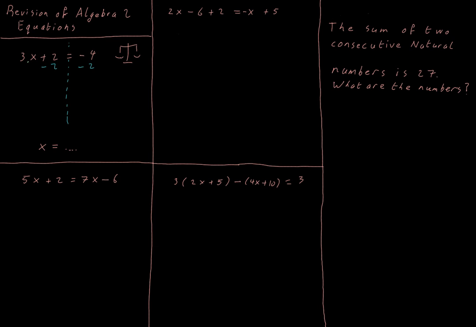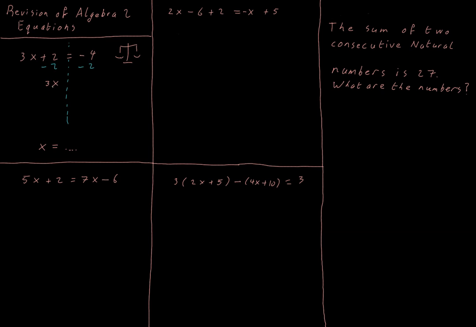So what happens now? I have 3x plus 2 minus 2. Well, plus 2 minus 2 is 0. That's why I took away 2, so that now on the left-hand side, I just have stuff involving x. So by taking away 2 from the left-hand side, I got rid of the numbers. Now this is simpler. This is closer to where I want to be.